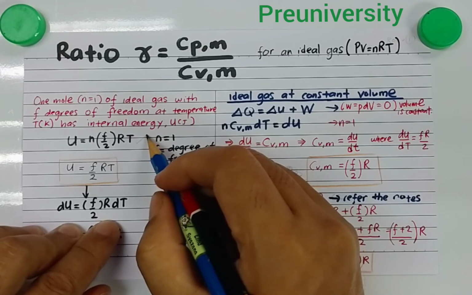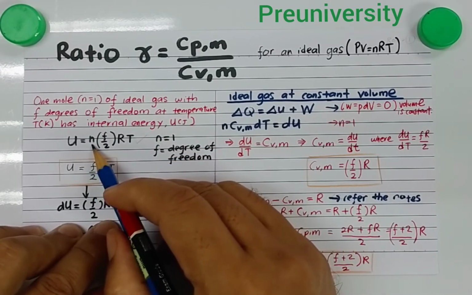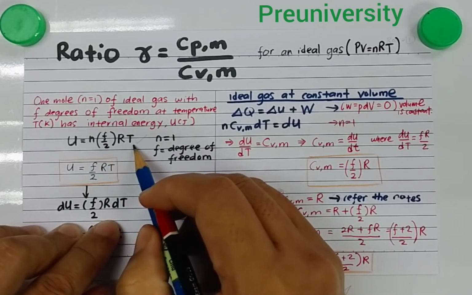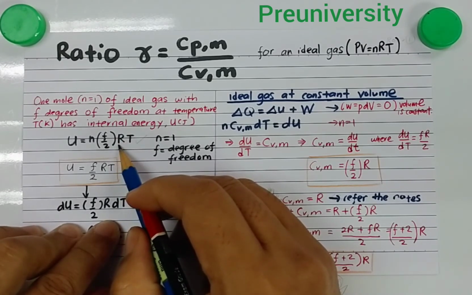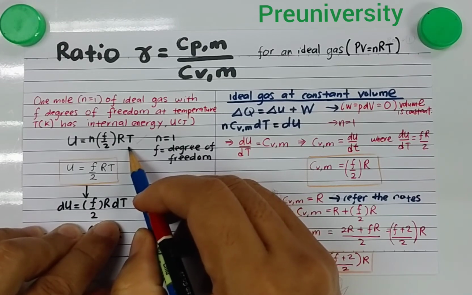As we refer to this equation, internal energy is equal to n, the number of moles, F over 2 RT. F is the degree of freedom, R is the gas constant, and T is the temperature in Kelvin.